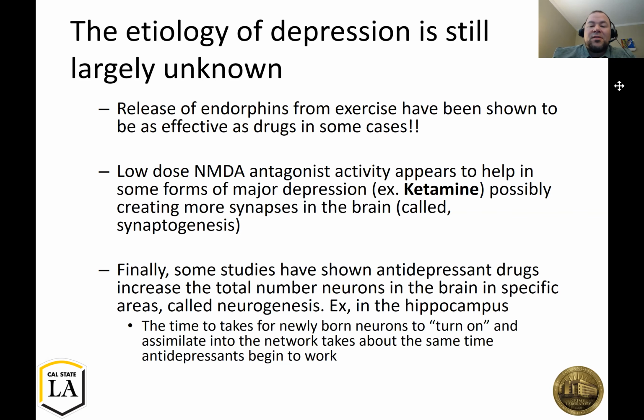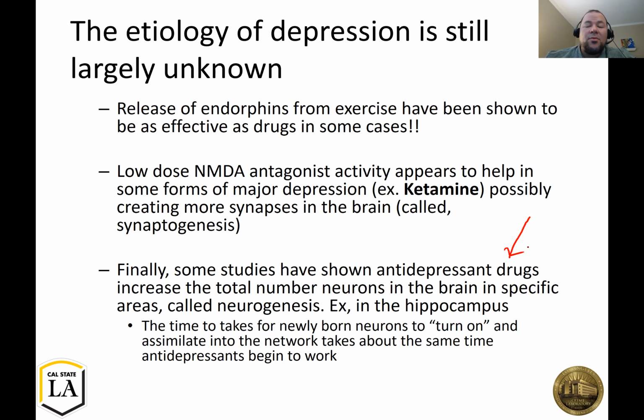Another hypothesis that is kind of interesting of what the antidepressants are doing is that they're increasing the number of neurons. So we're creating new neurons, and that's a phenomenon known as neurogenesis. For your biology students out there, you might remember learning about neurogenesis and how it occurs in development of the brain. There are regions that are neurogenic, so the hippocampus is one of them.